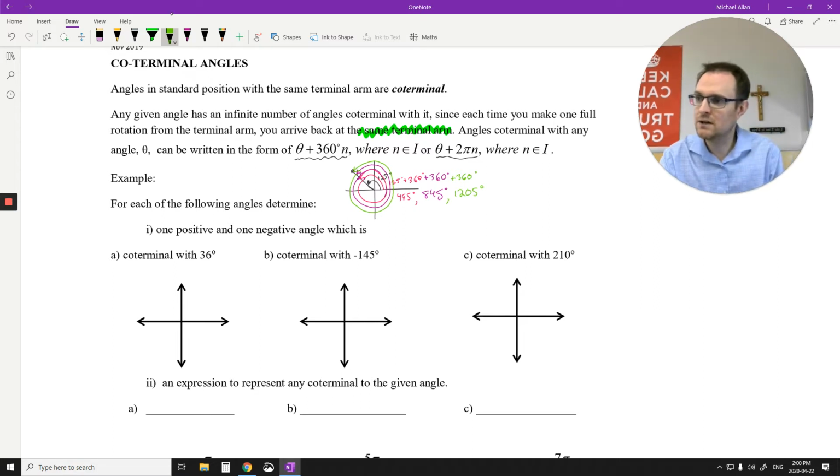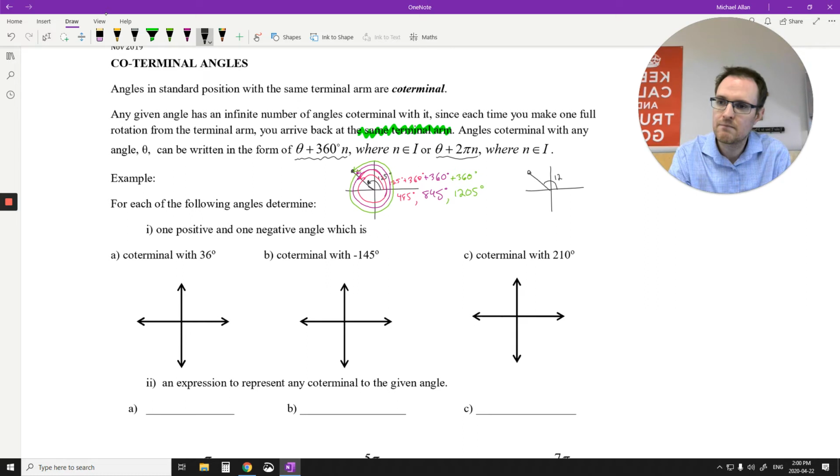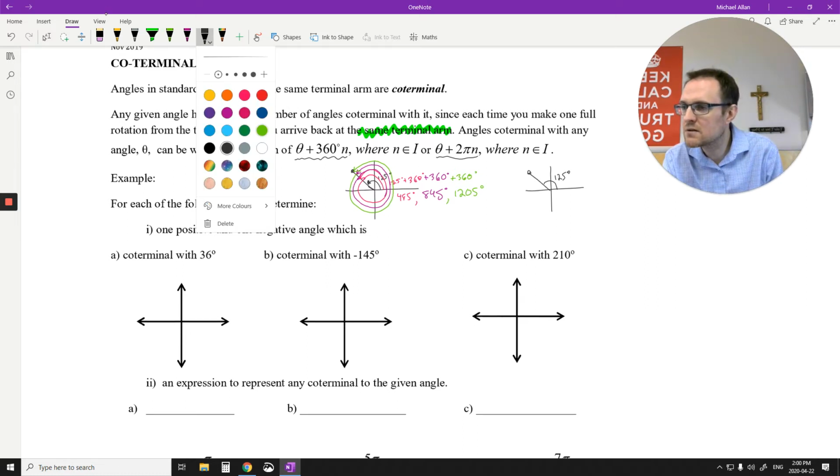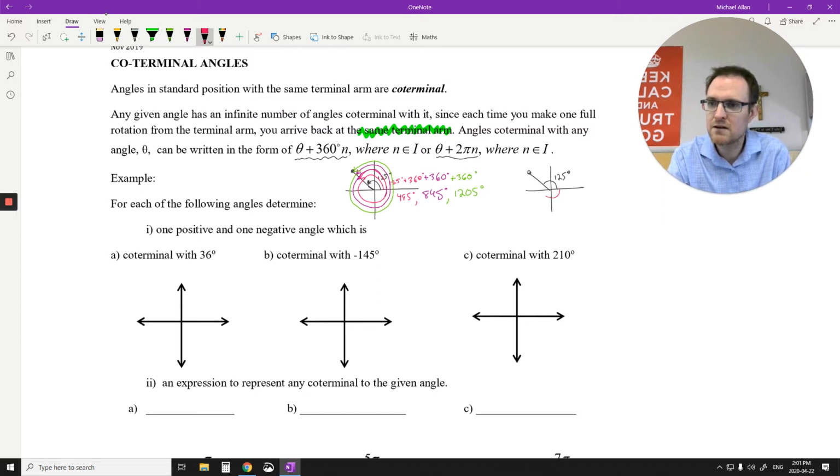Now nothing stopped me from doing this. I can go here. So let's draw that same one here, but what I could also do is this. Let's pick this one here. I can start here and go this way. There's a coterminal angle.